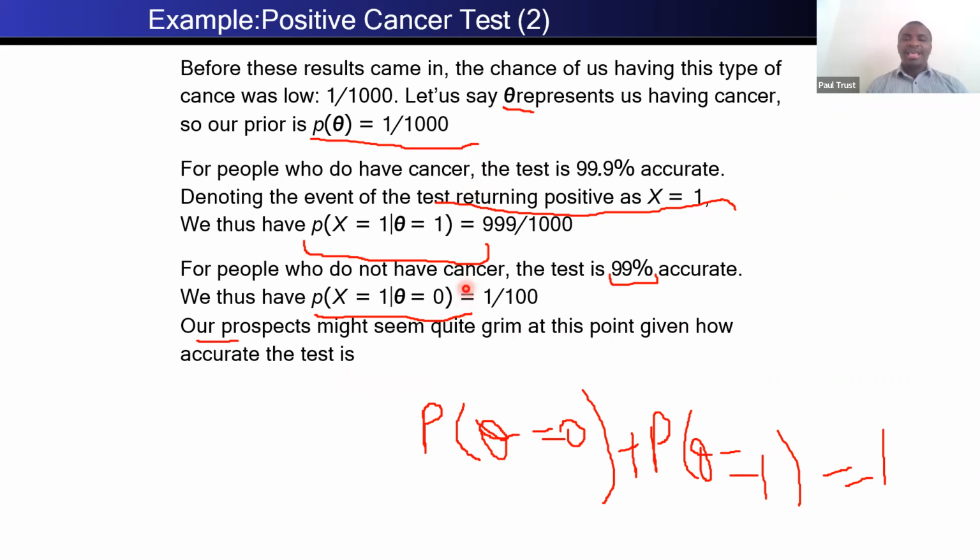Imagine it gives a false positive only 1 in 100. It gives a positive result in 99.9% of the tests it does. This is worrying, but in reality, this doesn't happen that way.